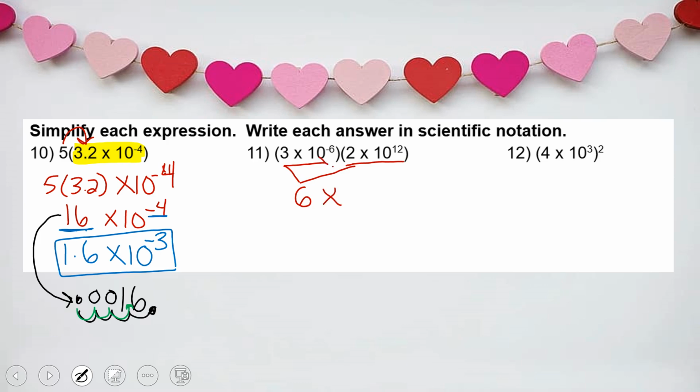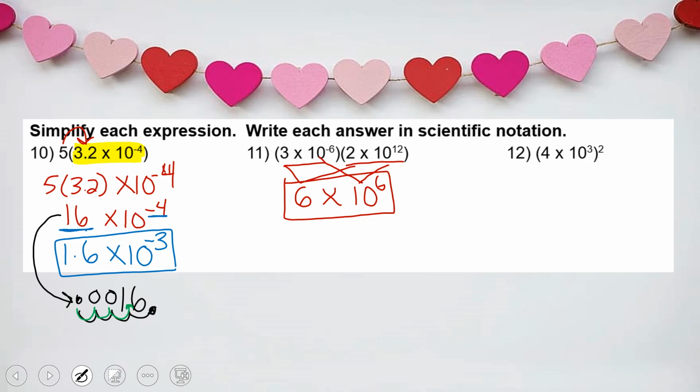And you multiply your base 10s together and use your laws of exponents to know that 10 to the negative 6 times 10 to the 12th is 10 to the 6th. Double check, is this proper form? And it is. 6 is in between 1 and 10, and I have it times a power of 10, so we don't have to make any adjustments on this one. It's ready to go as is.